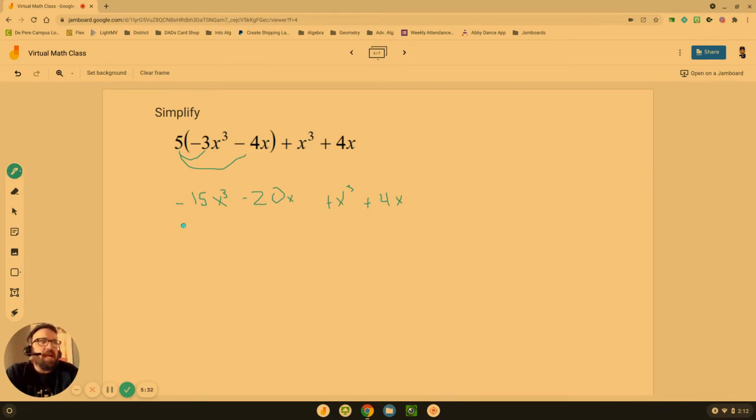All right, start with the highest one. 1, 2, there's 3 x's, x cubed. Negative 15x cubed plus, if there's not a number here, it's a 1. So plus 1 gives me negative 14x cubed.